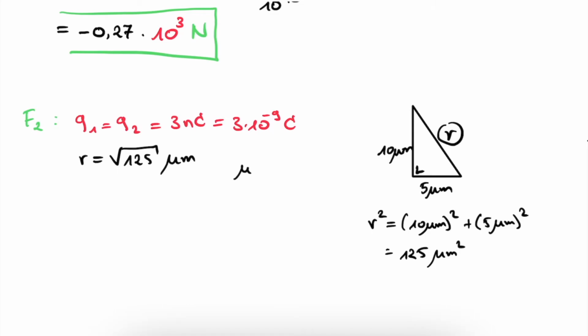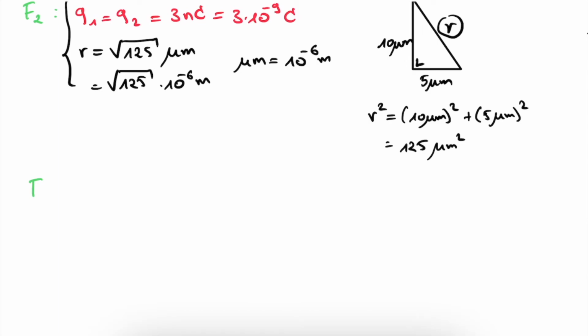And because we know that 1 micrometer is equal to 10 to the power of minus 6 meters, we know that r becomes the square root of 125 times 10 to the power of minus 6 meters. And at this point, we have all of the information we need to fill in our formula to calculate the magnitude of the repulsive force.